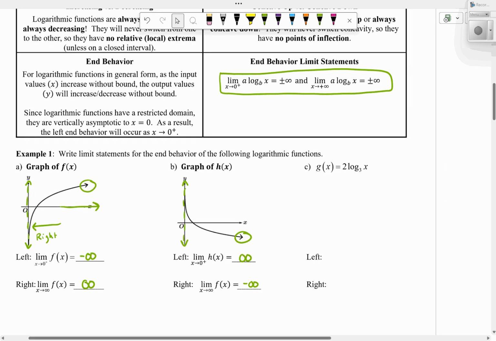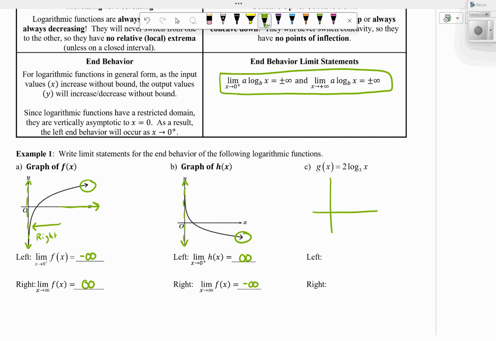And for C, so if we think about this logarithmic graph, 2 log base 3 of x. So our log graphs, we know go like this, like that first graph that we have of A. And in this case, we're doing a vertical stretch by 2. So the graph's going to be going again like this. You don't change your vertical asymptote unless you're moving your graph left or right, which we'll be looking at.